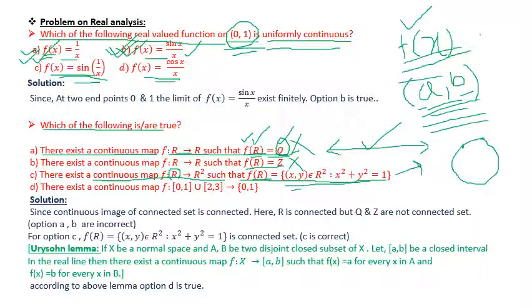An arbitrary point. So this circle is also a connected set and R is also a connected set. R is connected and the image set is connected. So there may exist a continuous map. There may means there always exists a continuous map from a connected set to a connected set, right?